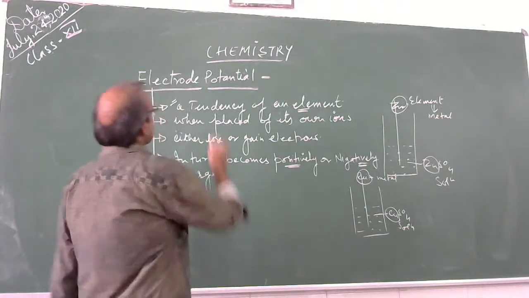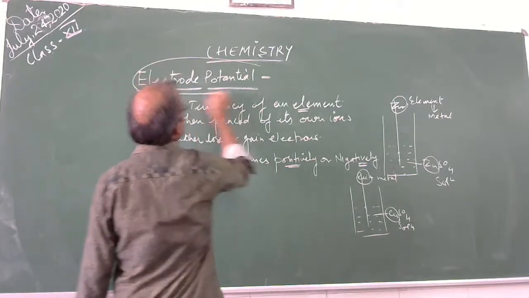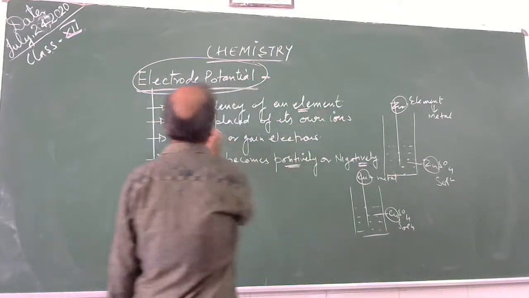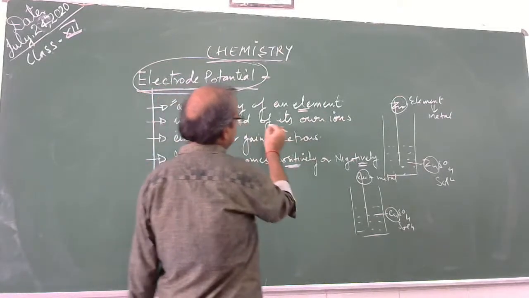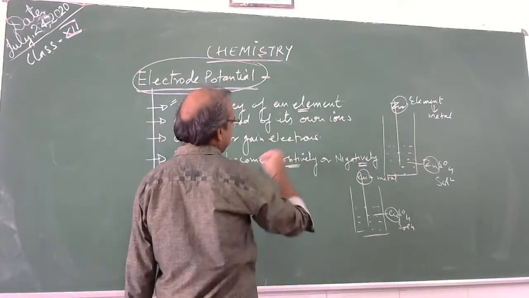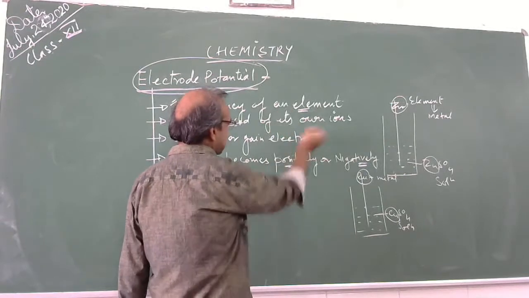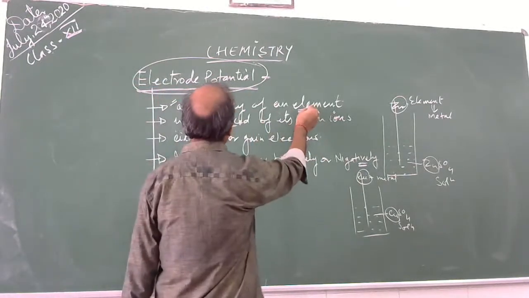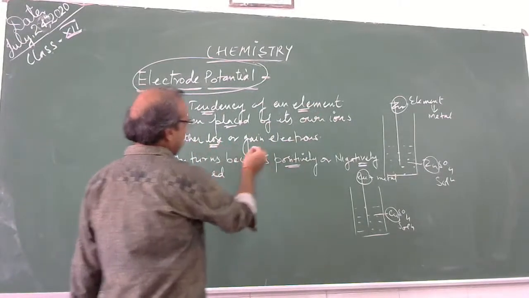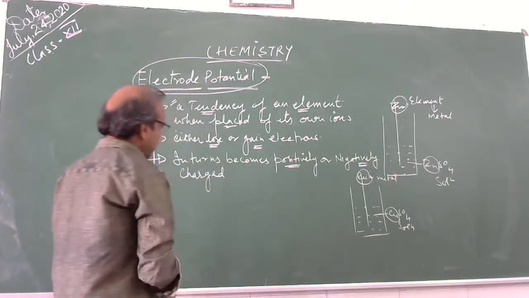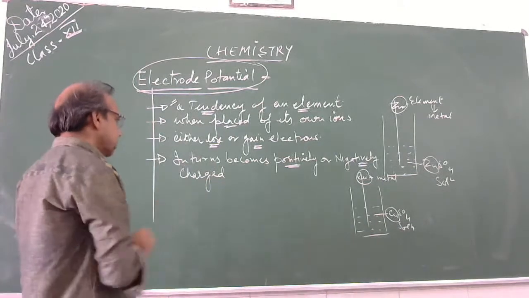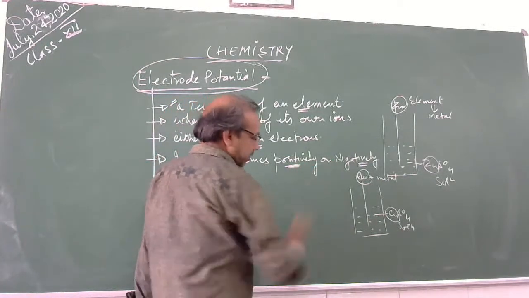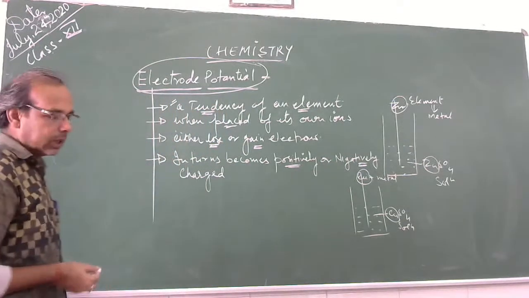So this electrode potential is a kind of tendency of an element when placed in its own ions, meaning this element either loses or gains electrons. And in terms of losing and gaining electrons, it becomes either positively or negatively charged.